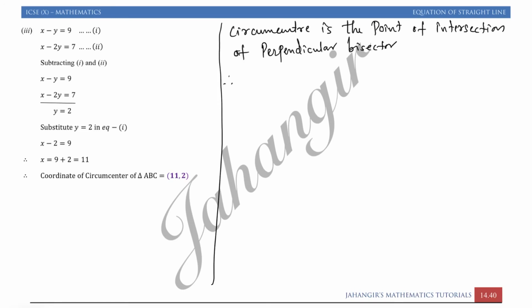So therefore we know two perpendicular bisectors. The first perpendicular bisector's equation is x minus y is equal to 9, and the second perpendicular bisector's equation is x minus 2y is equal to 7.